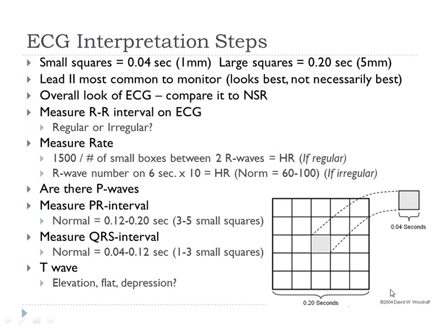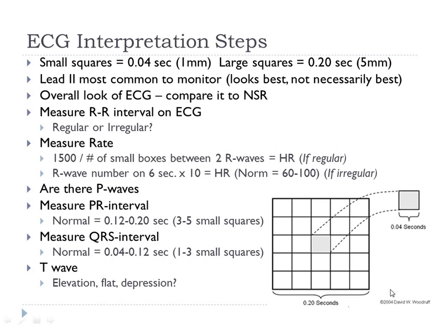That's in time, but it's measured as 1 millimeter in distance. So each little box is 1 millimeter, but it's 0.04 seconds. Same thing, very different. If you count 4 squares, how much is that in seconds? 0.16 seconds. Right, so that's important.